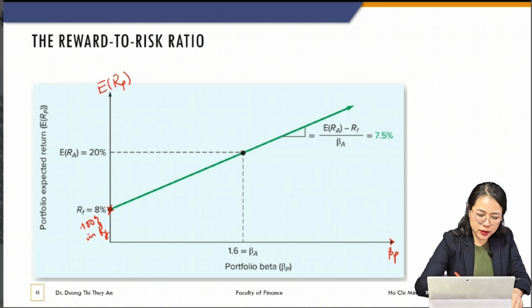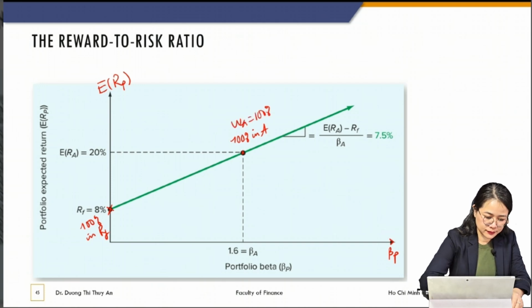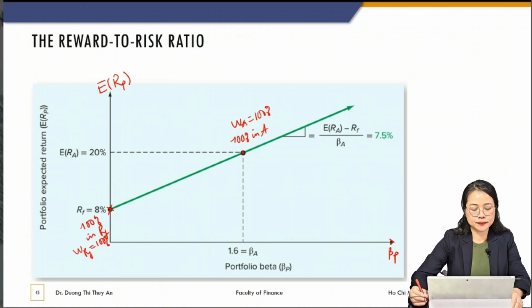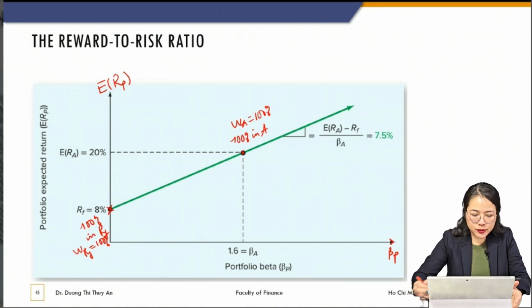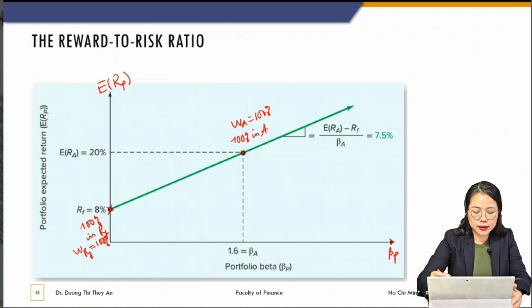And this point is where you invest 100% in A, or in other words, WA is 100%. Here WF is 100%, or 1. So I only need to draw a line to illustrate how your portfolio return looks for different allocations between A and the risk-free asset.